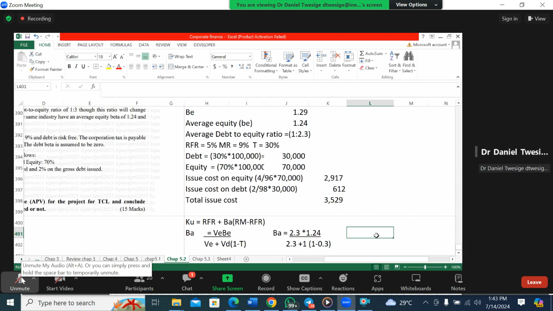And you are getting what? It is 0.951. You are getting 0.951.